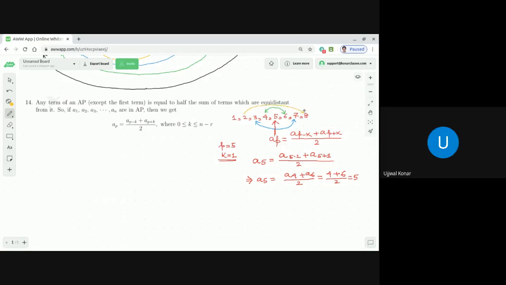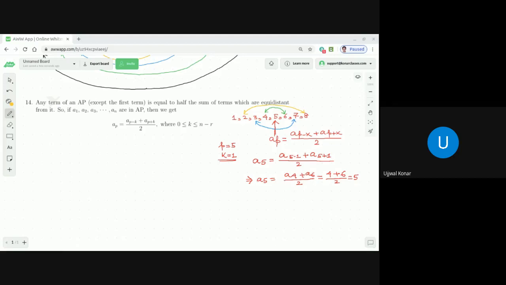Correct or not, dear students? Yes. That's what it is actually saying. Clear, no? Okay, great. Now the next point, sorry.